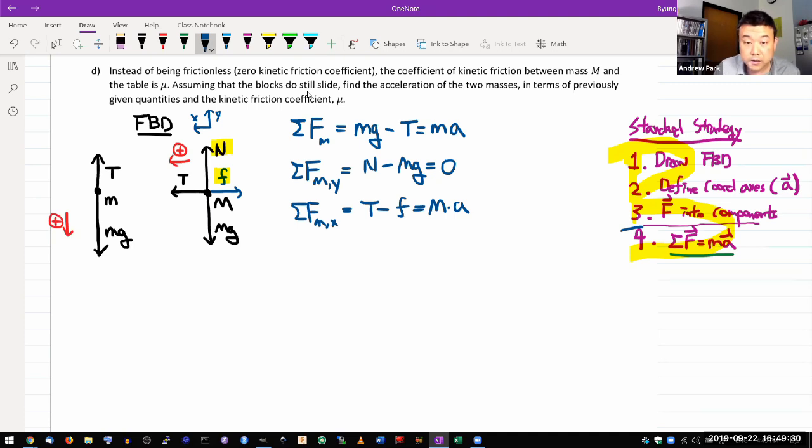So here you have three equations. And what I'm hoping you will notice is you have more than three unknowns. You have tension, acceleration, normal force, and friction. And this is where you have to remember.